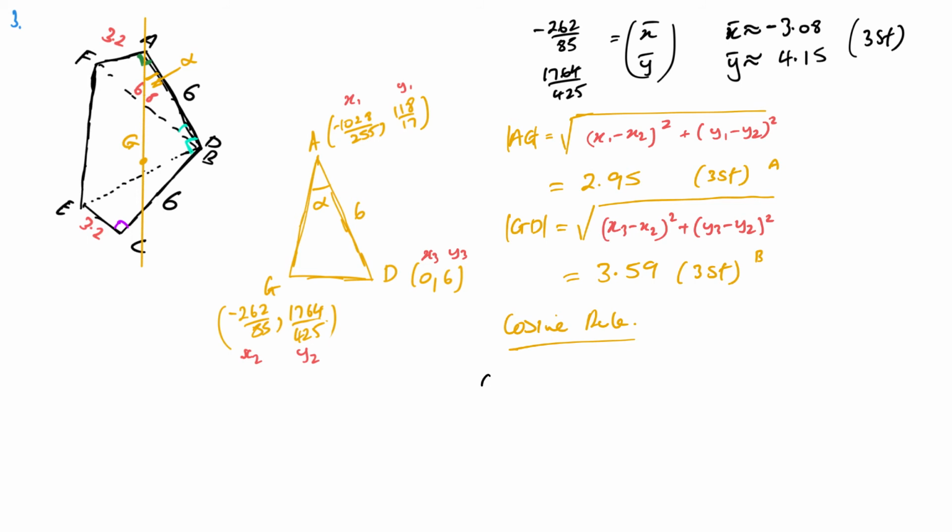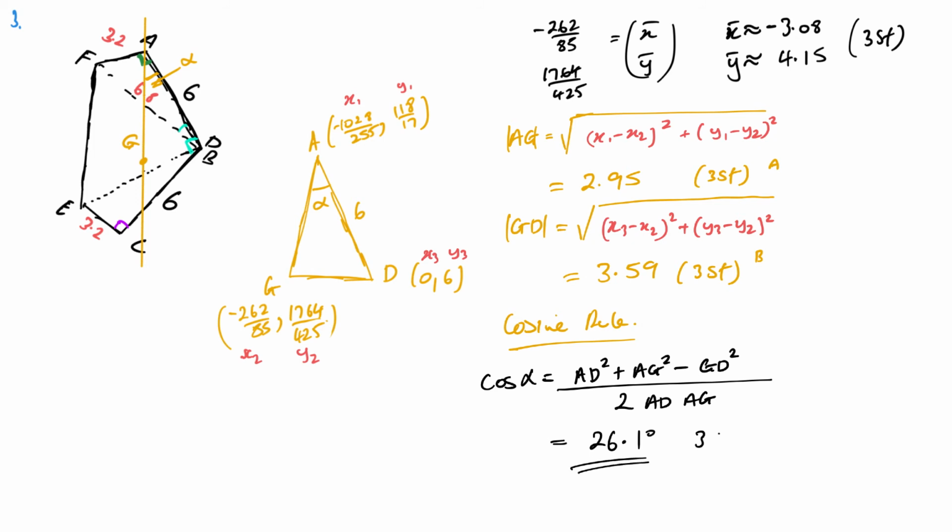So we want to find cos alpha, and that will be AD squared plus AG squared minus GD squared over 2 AD AG. And that gives me 26.1 degrees to 3 significant figures.